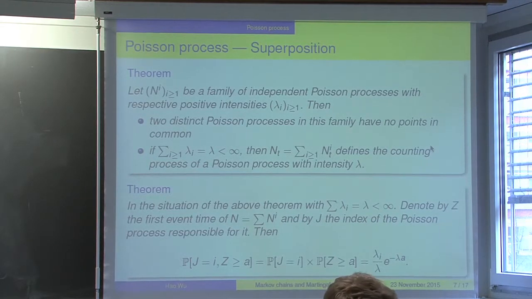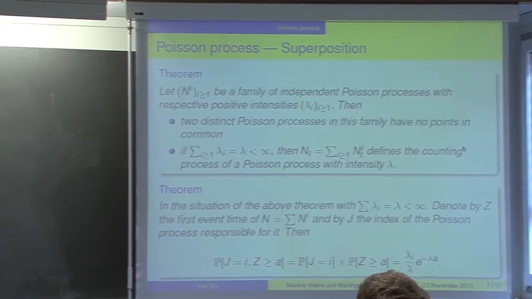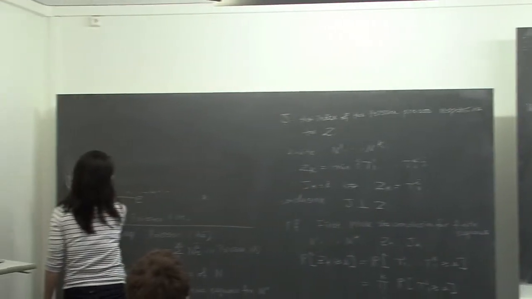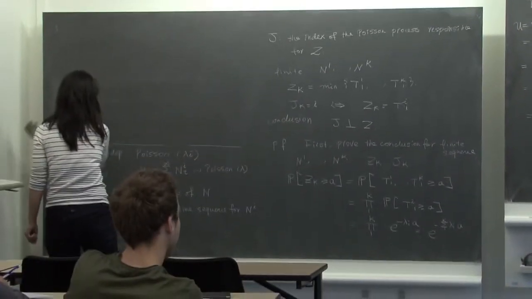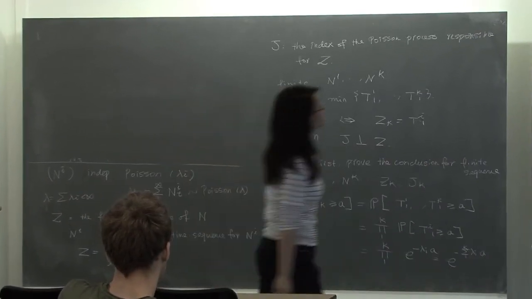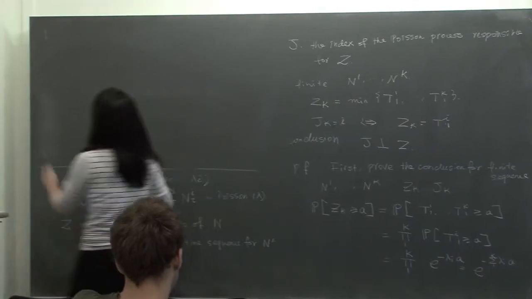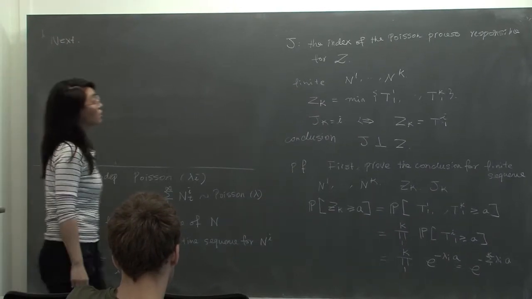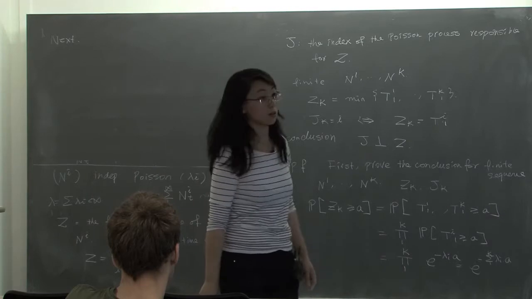Okay, I haven't taken the limit. So here we just completed the proof for the finite case. So now we need to take the limit, so it's also true for an infinite sequence of Poisson processes. Next, for the infinite case, we will take the limit as k goes to infinity.